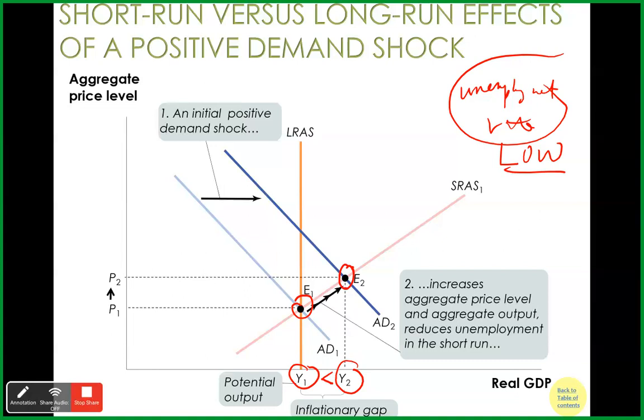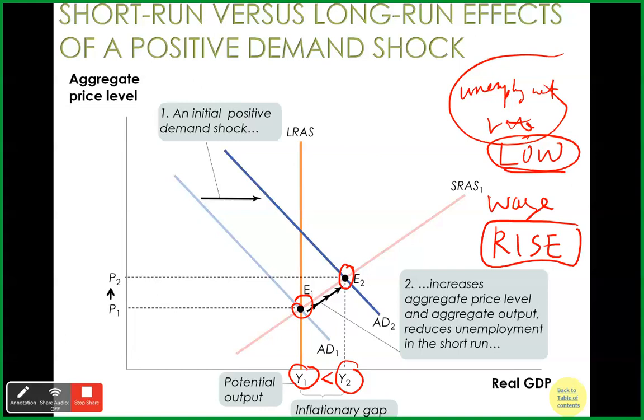Now, let me write down: the wage must rise. This is a response to the low unemployment rate, but the low unemployment rate is a response to the positive demand shock. So with the wage rising, what does that mean for our aggregate economy?